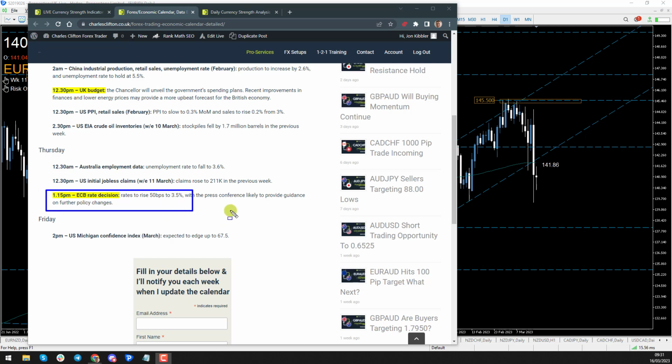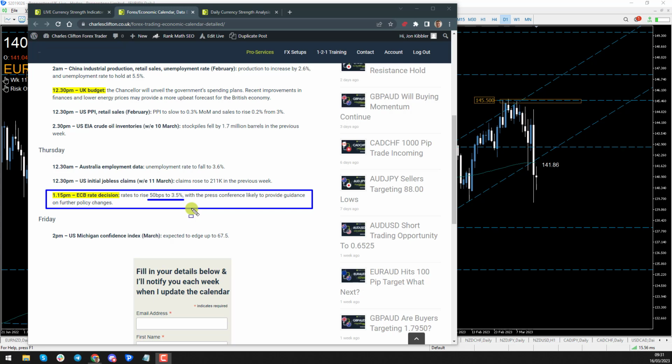Now you can see here, I'm just going to highlight, there is an ECB rate decision today and press conference. The ECB have said that they're going to hike by 50 basis points to 3.5%. The problem with that is we've had all this recent volatility in the market, and especially the situation going on with Credit Suisse is almost putting pressure on the ECB to not hike by 50 basis points.